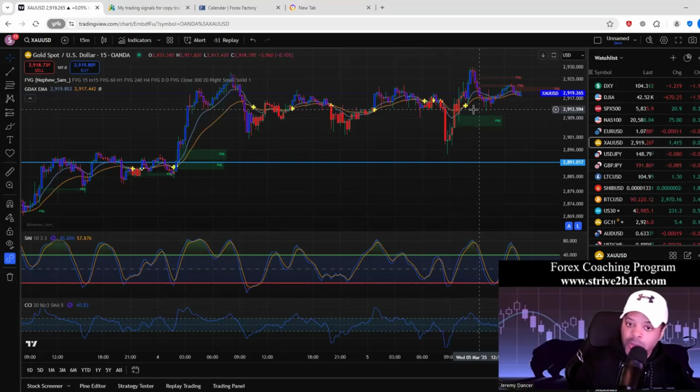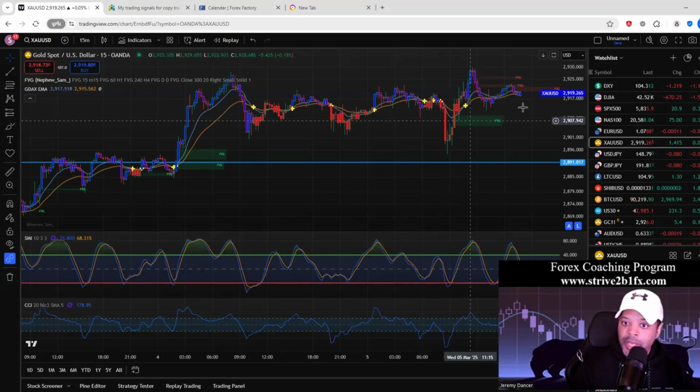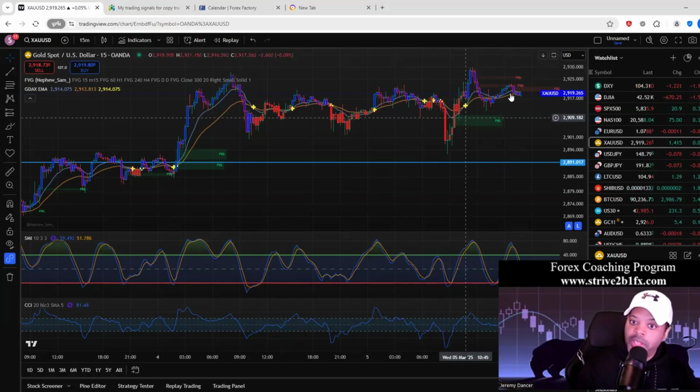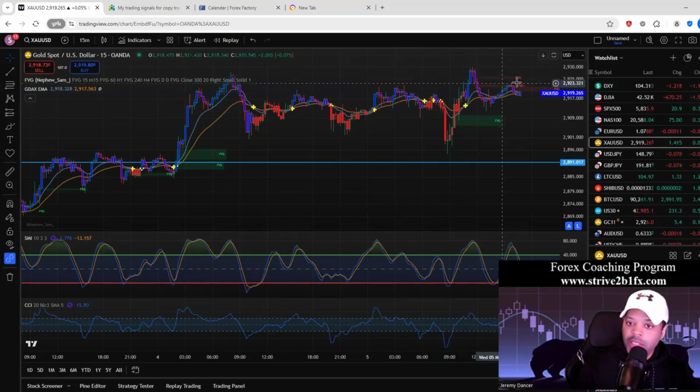This is also why I like having my fair value gaps, because I can see when sellers are coming in to push the price down, and I can also see when buyers are coming in to push the price up. So in this situation right here, we can see a lot of selling pressure coming in from the bearish fair value gaps.